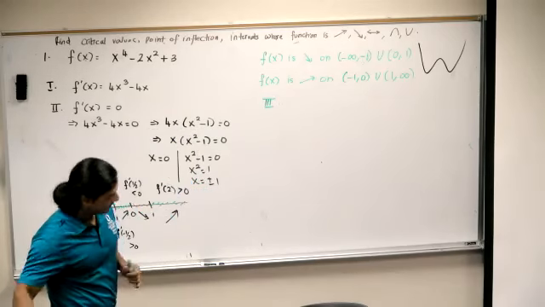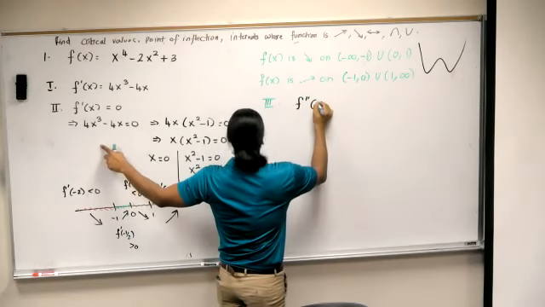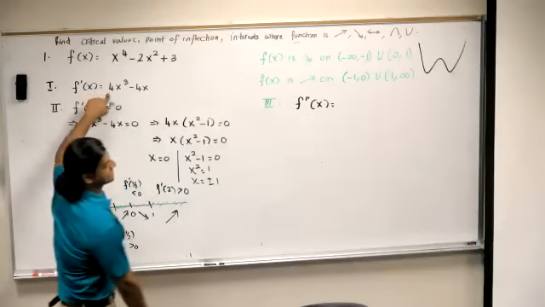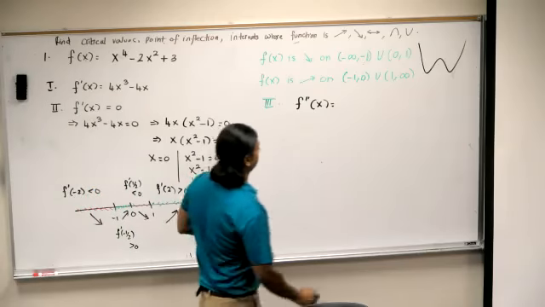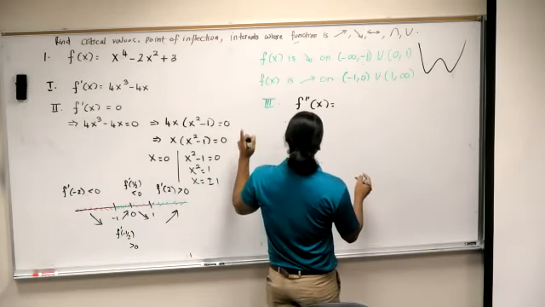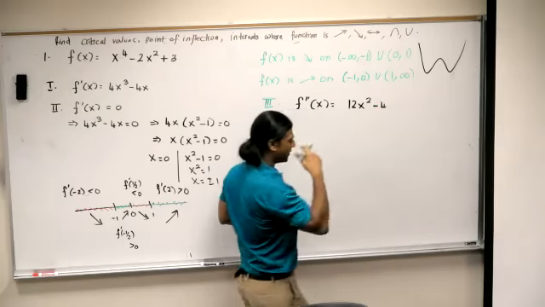If I take the second derivative, what is the second derivative of 4x cubed minus 4x? It would be 12x squared minus 4, right? My brain is going one step ahead.